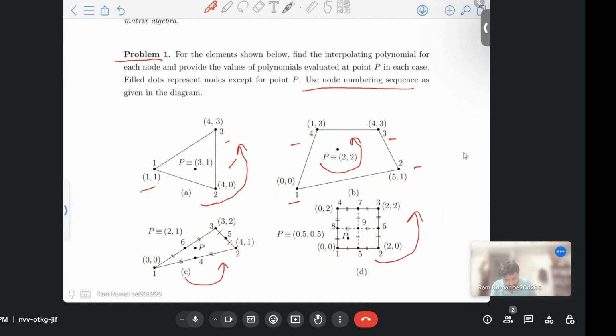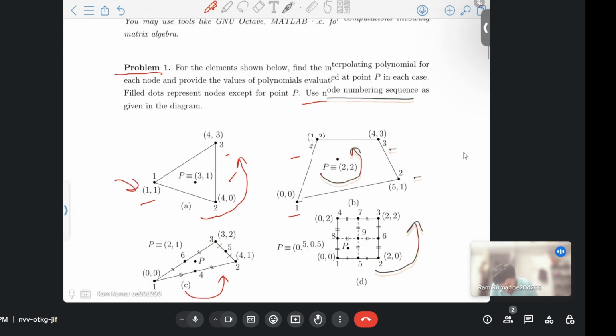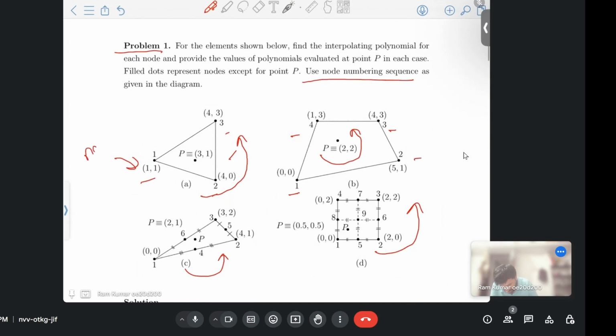Here each node has a coordinate. So I will write here the node coordinates, and for this one also these are the node coordinates.